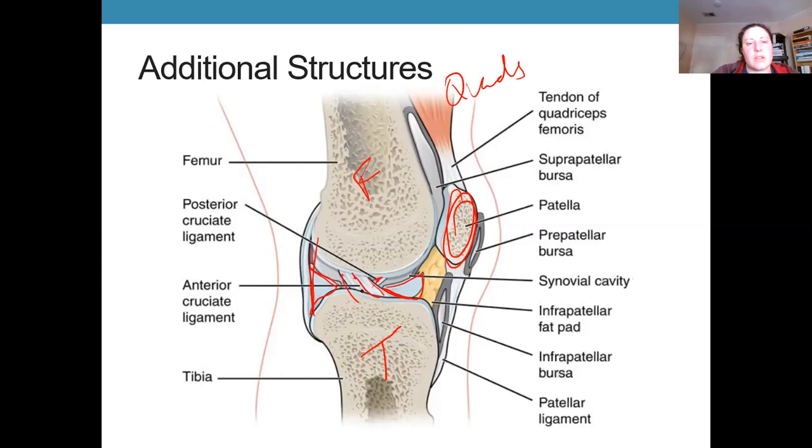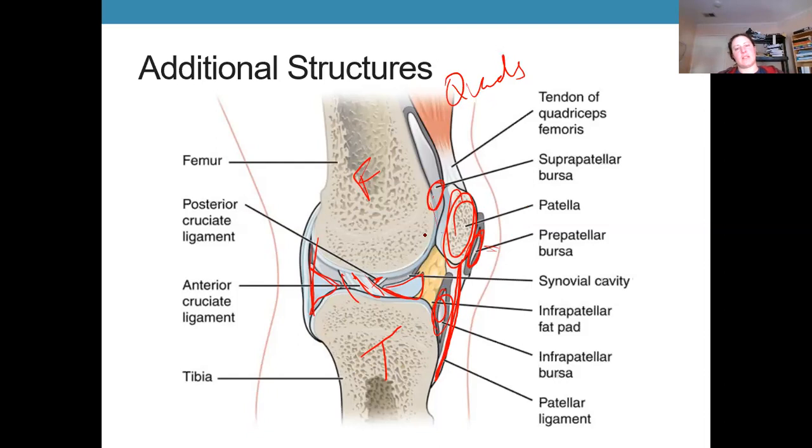Those are what your cruciates are. They're ligaments inside the joint. There's a bursa here to protect the patellar ligament as it comes down over the joint. There's a bursa here to protect the skin over the patella. There's a bursa here to protect this tendon as it runs over the femur.